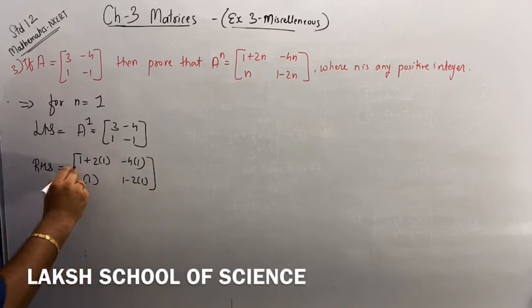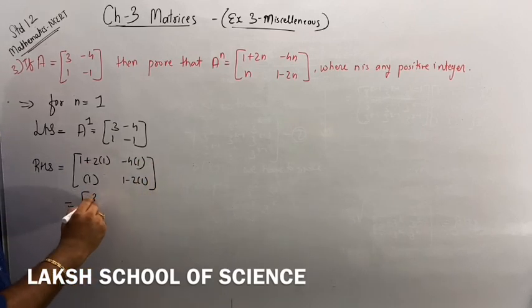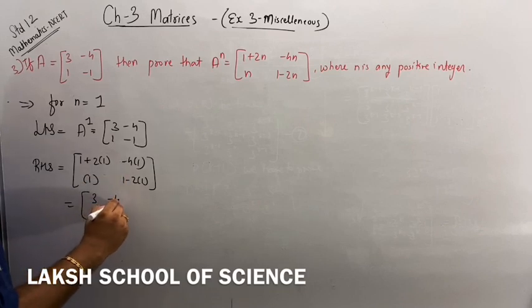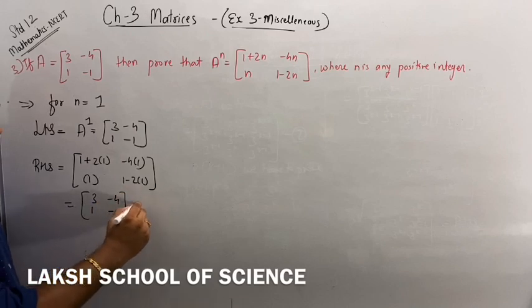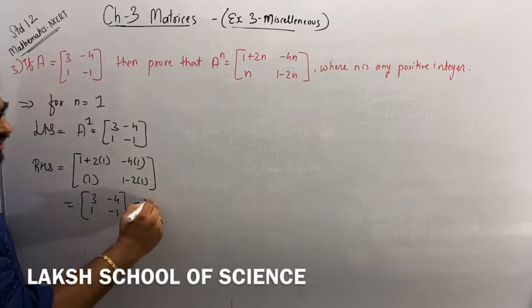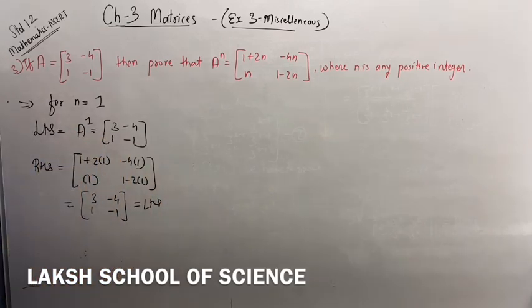So this will be equal to 1 plus 2, 3, minus 4 into 1, minus 4, 1 and 1 minus 2, minus 1. So this is equal to LHS. You can see here, so P of 1 is true.